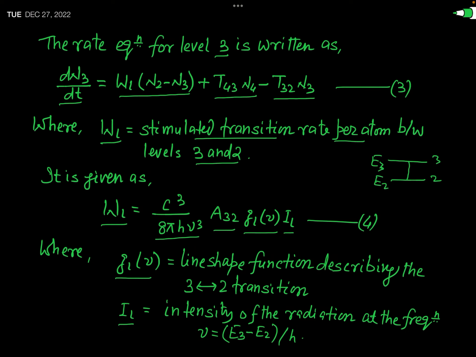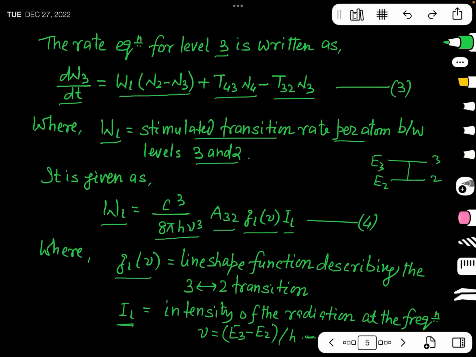So the frequency of this radiation will be E3 minus E2 divided by h, and I_L is the intensity of the radiation of this frequency.